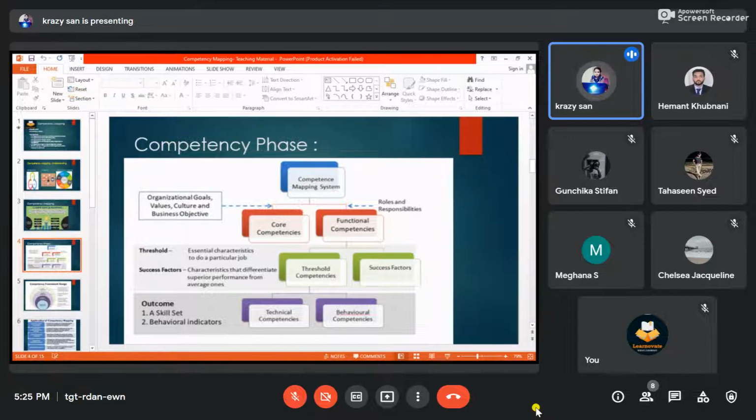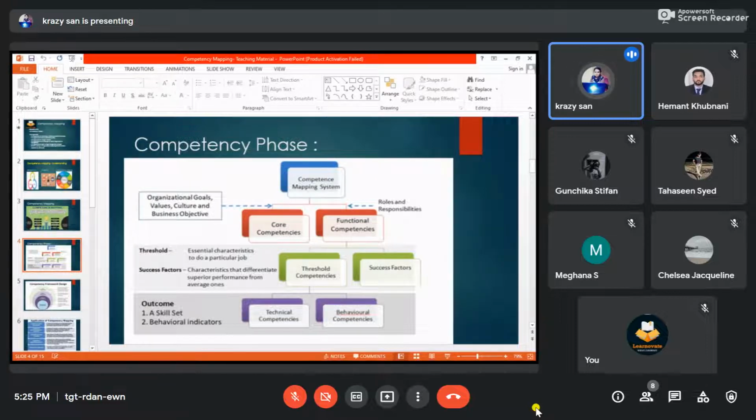A core competency might be organizational goals, values, culture, and business objectives. But functional competencies are about performing the duties, roles, responsibilities, and tasks given to you in a proper way, and over there it is completely identified and measured.